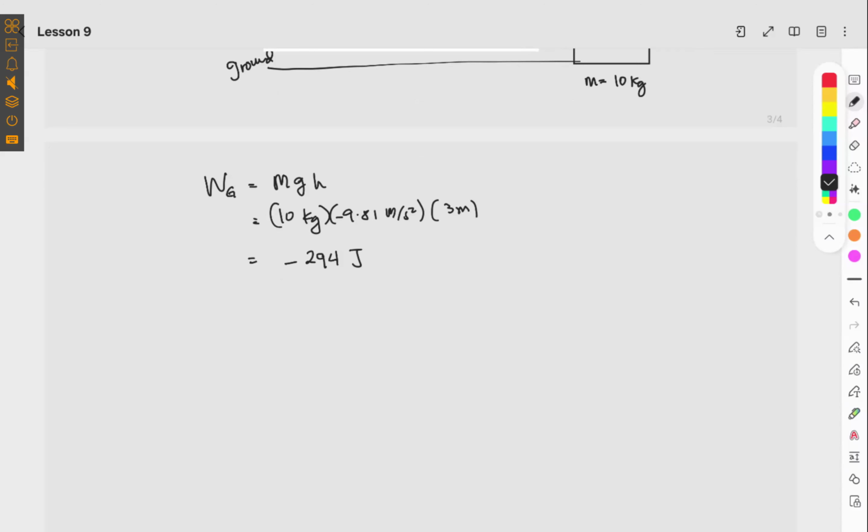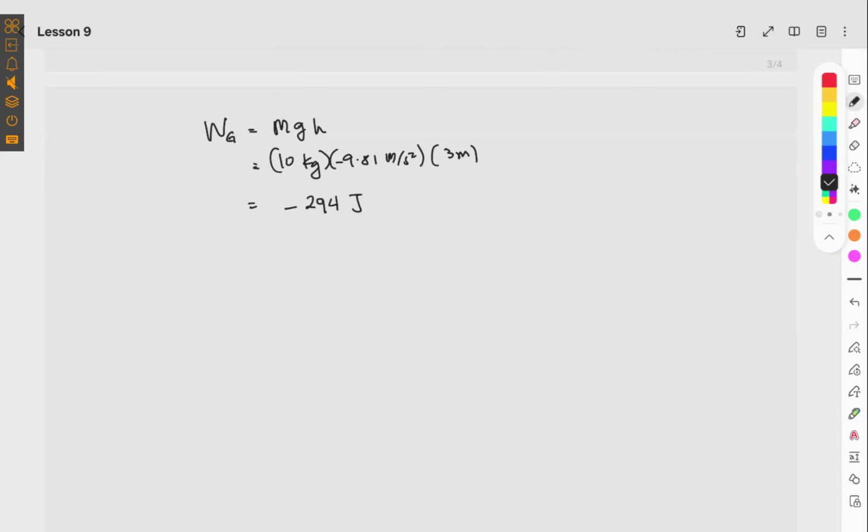The work done by gravity can also be found using potential energy. The work done by gravity is also equal to the negative change of potential energy, which is just the potential energy initial minus the potential energy final.